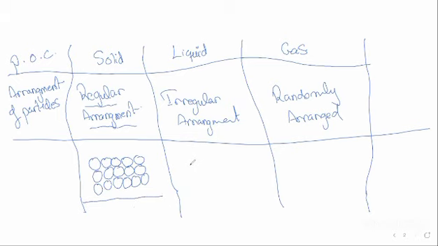And for the liquid, I think the shape will be like this. Some particles are touching each other, some particles are not. Please forgive me for this drawing, but as I told you before, I am using an electronic pen, but all particles are of the same size. Yes, this is irregular arrangement, and for the gas, it may be like this.